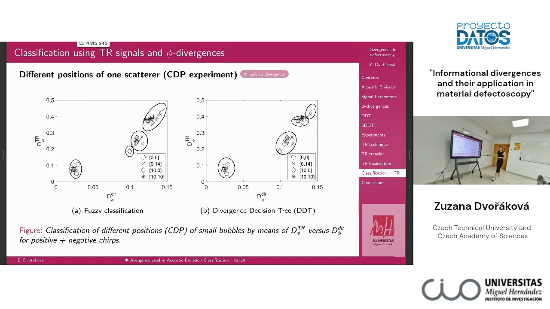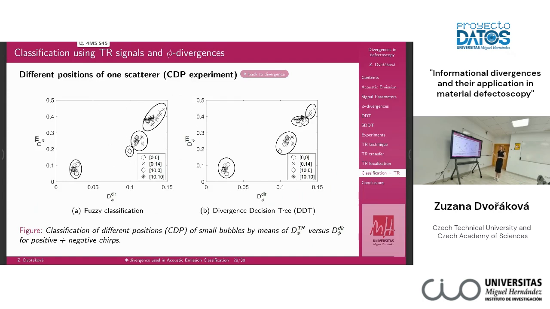That was the reason why we tried to apply again a divergence-based method, our divergence decision tree, on this data set, and we can see that in this case the method is able to distinguish that here are two clusters.